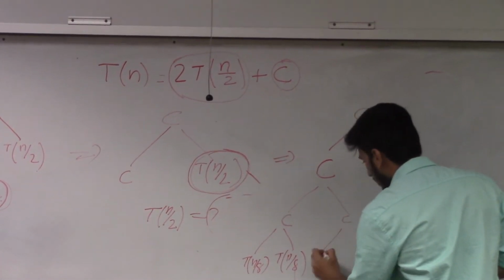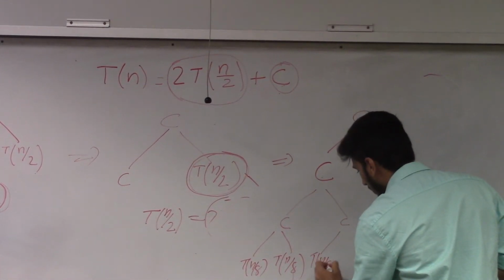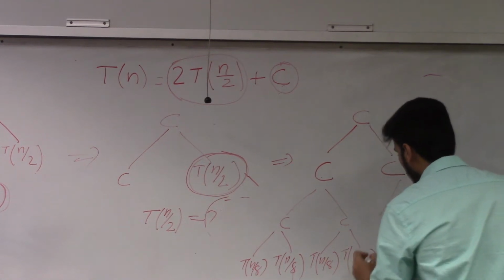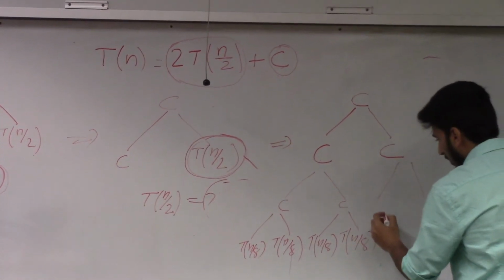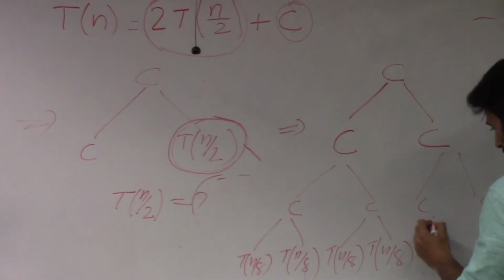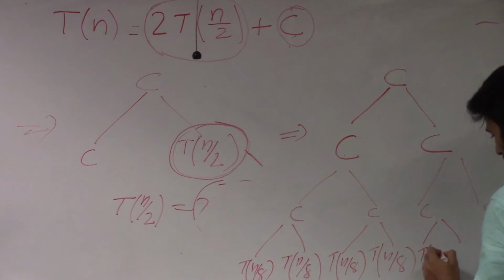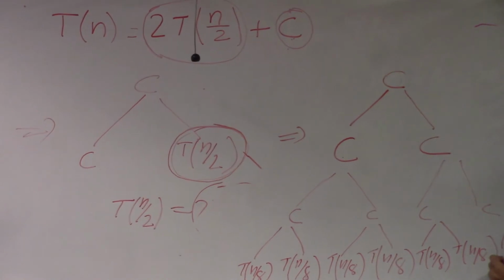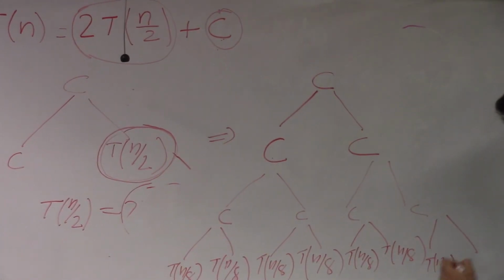This is C, T n by 8, and T n by 8. And this is C and this is C. So we have T n by 8 and T n by 8, and this C is divided here into T n by 8, T n by 8.